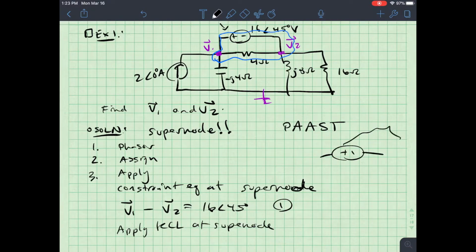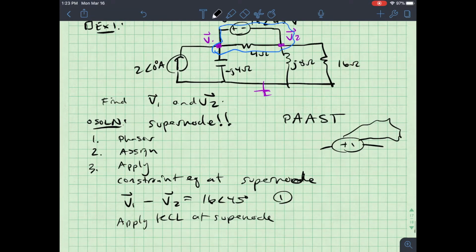This is my supernode. What a powerful being. One of the very powerful things about that is that it's going to ignore anything in parallel. And remember that current is always going to go from a larger voltage to a smaller voltage, and I'm assuming V1 is bigger than V2 is bigger than 0.